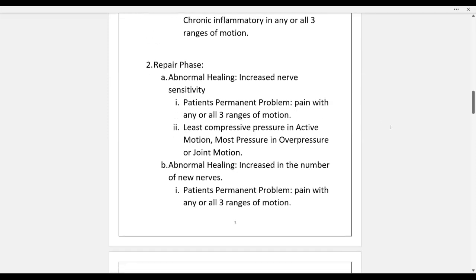Okay, so you go to the repair phase, abnormal healing, increased nerve sensitivity, a patient's permanent problem, pain with any or all three ranges of motion, least compressive pressure. And now this is going to be real important as we talk about nerves. We're going to pay a lot of attention to tensile pressure, tensile forces, and compressive forces.